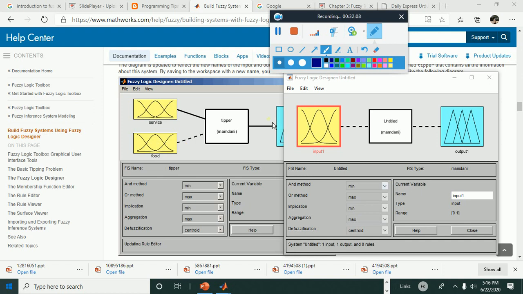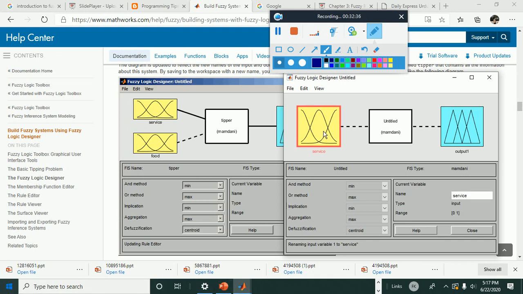So here we have input 1, and we will change this input name into service. So this has been changed into service.